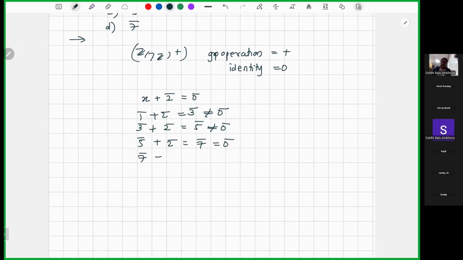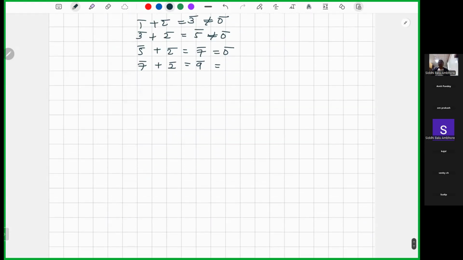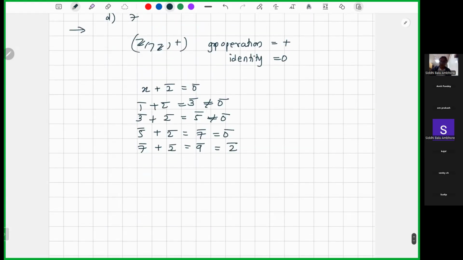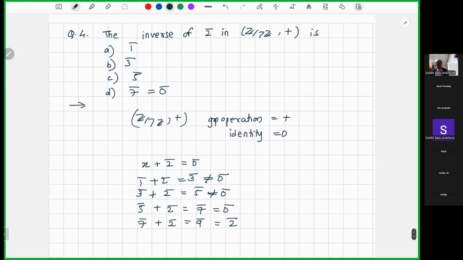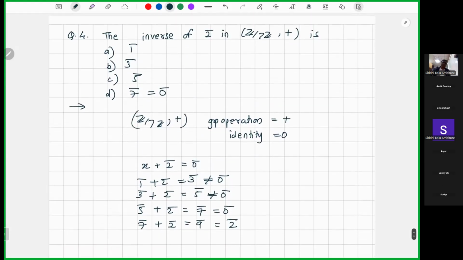And 7 bar plus 2 bar is 9 bar, but 9 bar is again 2 bar, and 7 bar is anyway 0 bar in Z mod 7Z. So the only correct answer is this.